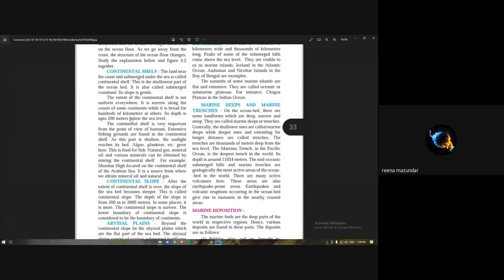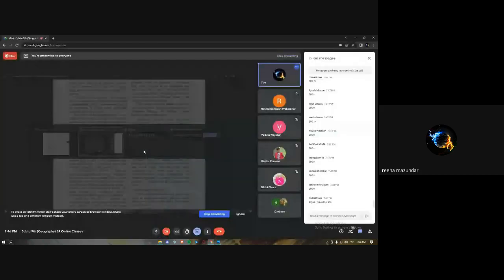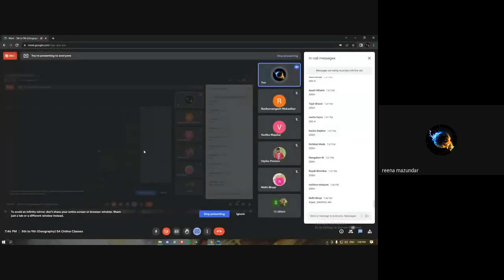Algae and plankton. Anybody else? Only Nidhi gave the answer. Soham, Kavita. Yes, anybody else? Only three answers. Tejas. Tejal. Okay. Good.